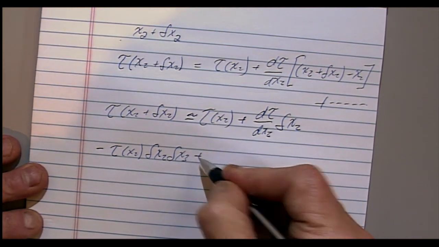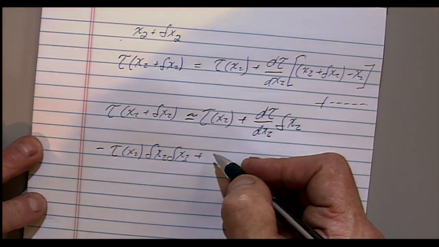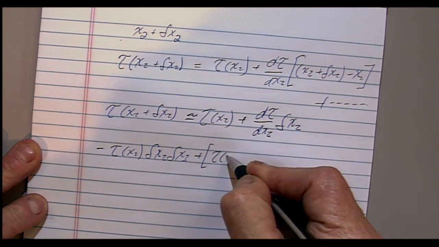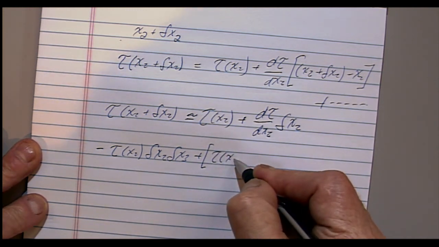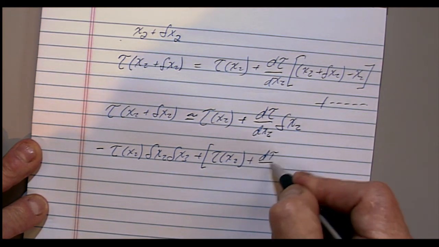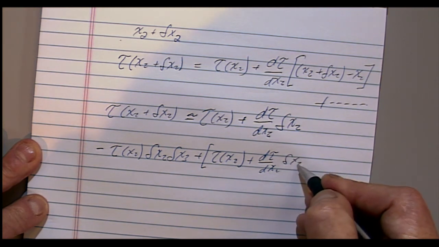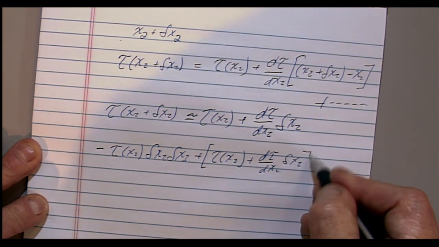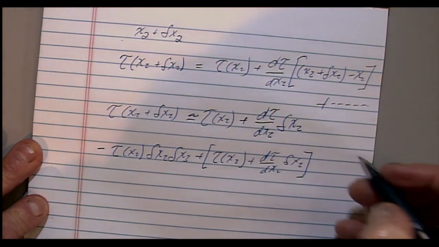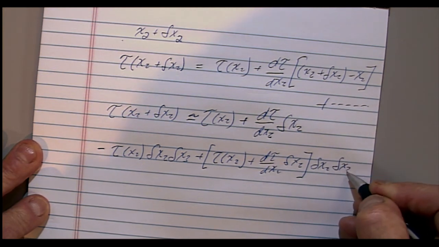And then we balance that with the force on the bottom surface, which is equal to tau at x2 plus d tau dx2, which is just what we derived, times delta x2. Okay, so those are the forces on the top and bottom surfaces. And now I need to multiply that by delta x1 times delta x3.